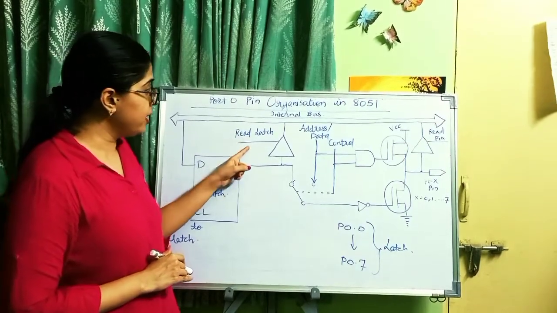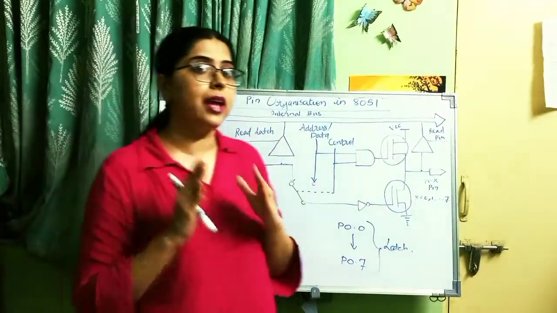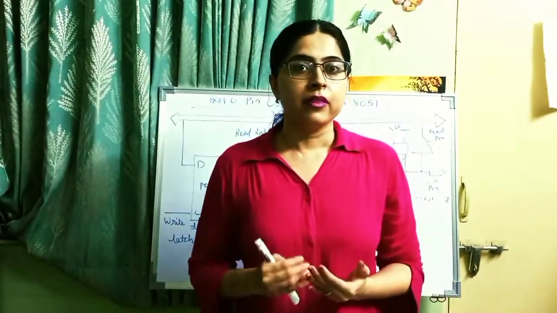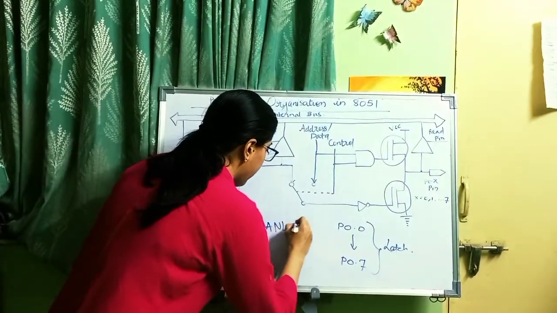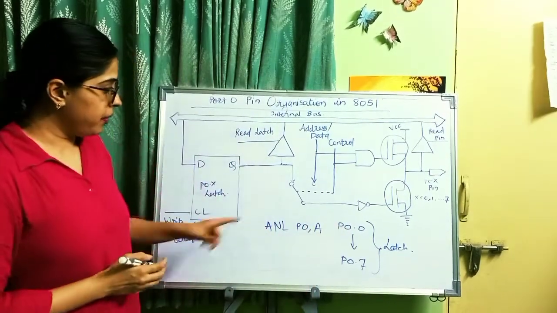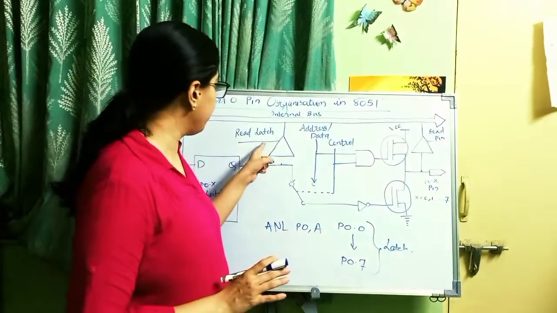This read latch signal needs to be activated. Now how do we activate the read latch signal? There is one instruction, ANL P0, A. This instruction is used to activate this read latch.